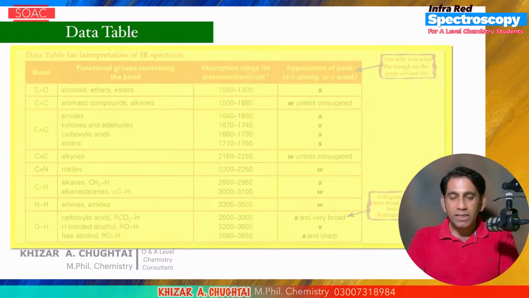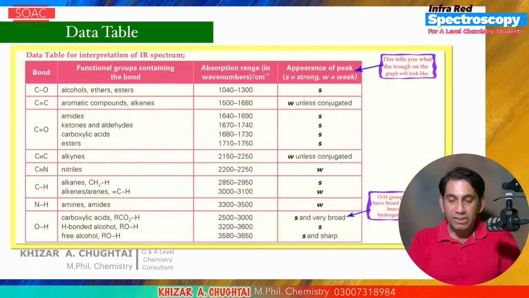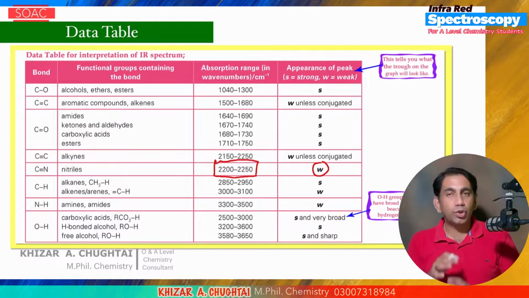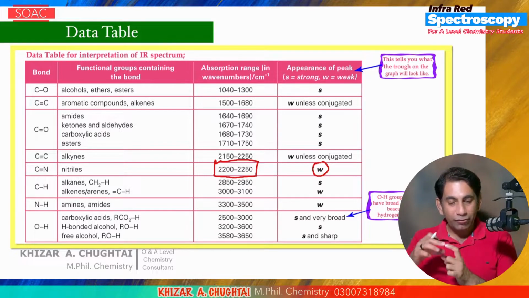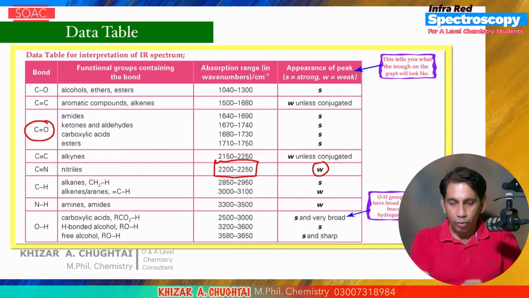In case of C triple bond N, if it is present, then a weak signal should be there, and the signal must be at 2200 to 2250. I mean, if the nitrile CN group is present, we have to find one group, that is C double bond O, that was present in the range of 1700.